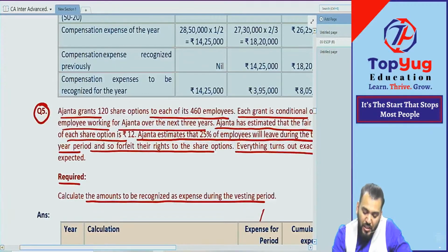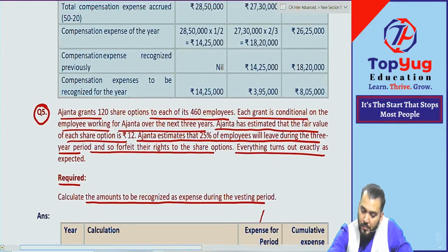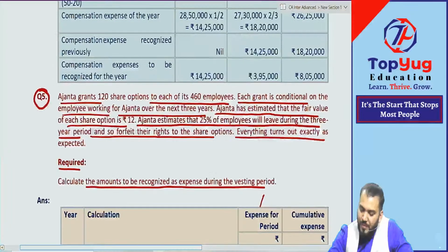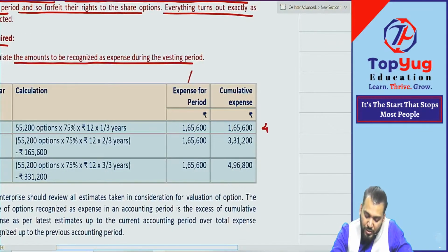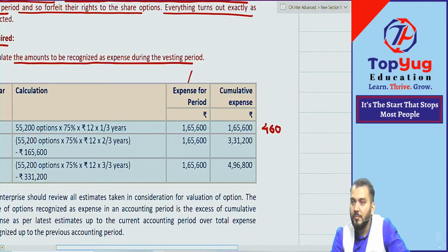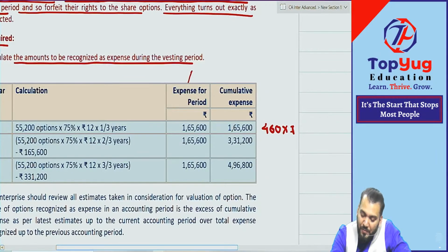So 460 into 120, how much? Either you can do it this way as the solution has done, or you can do it this way also: 460 employees, into what? How many employees will leave? 25%, meaning how many employees are expected to be entitled to the option, so into 75% you can do.